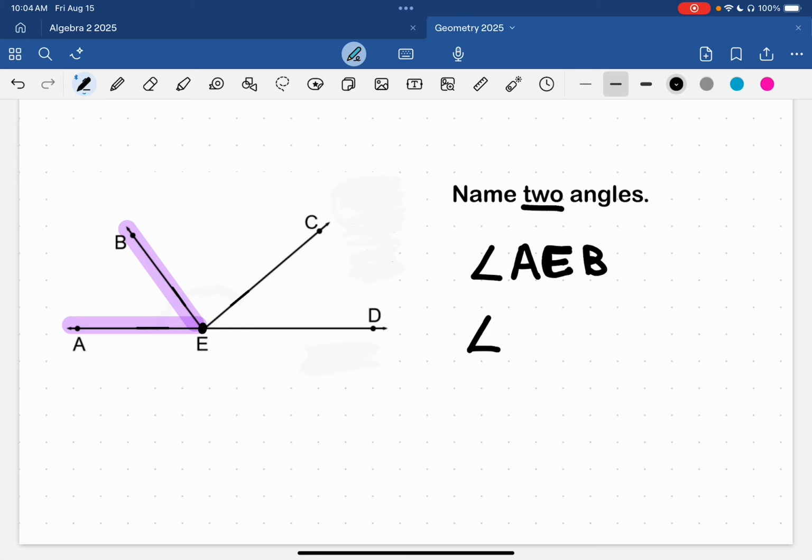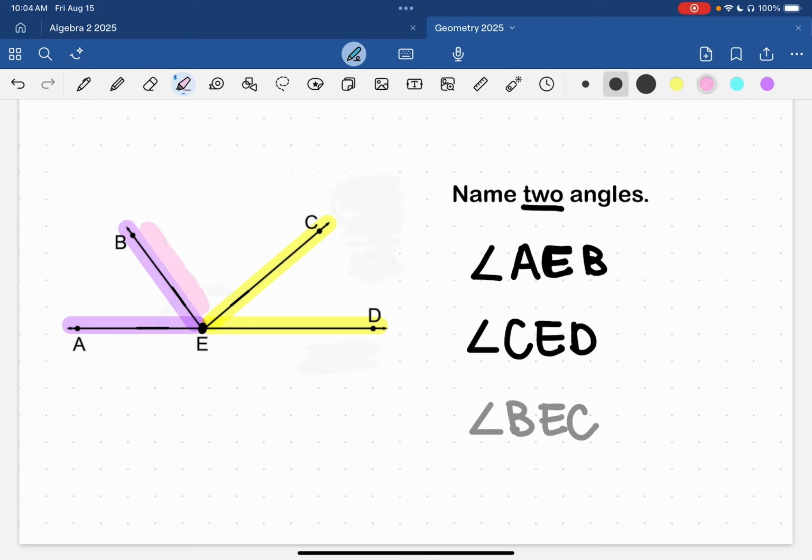I'm going to name another one, my second one, C, E, D. Let me grab another highlighter so that you can see that one. Okay, that's all I need. But you could also name that angle there in the center. You don't need to name them all, just the two. But I just want you to see where these other ones are. And then of course there's this one.